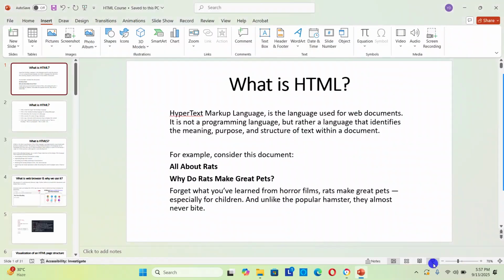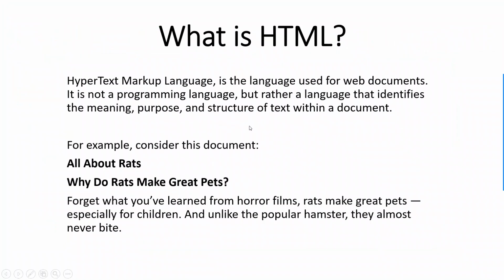So first of all, what is HTML? Hypertext Markup Language is the full form of HTML, and it is the language used for web documents. It is not a programming language but rather a language that identifies the meaning, purpose and structure of text within a document.